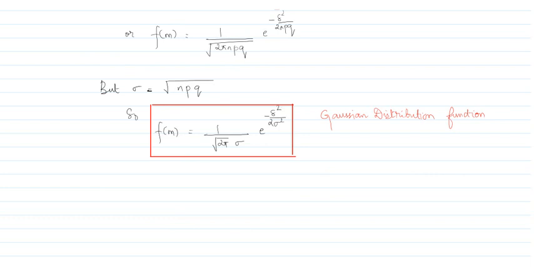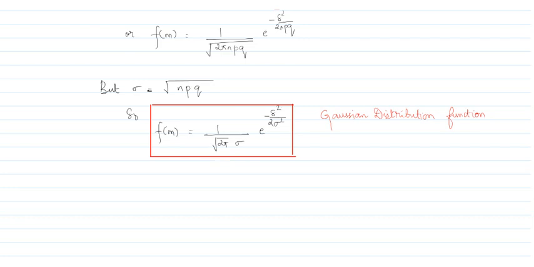Okay, but I know my sigma is root of npq. So my expression turns out to be fm is 1 by root of 2 pi times sigma, e raised to minus delta square by 2 sigma square. Okay.